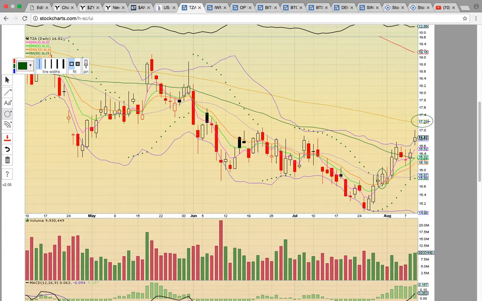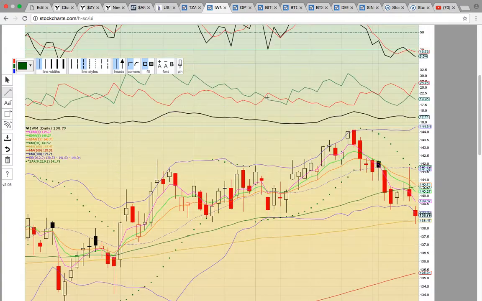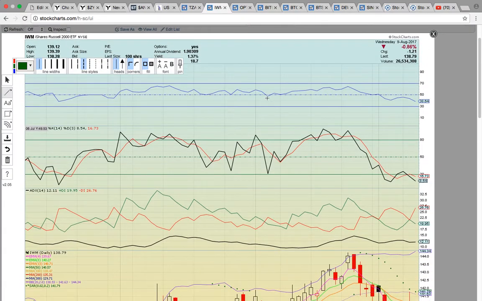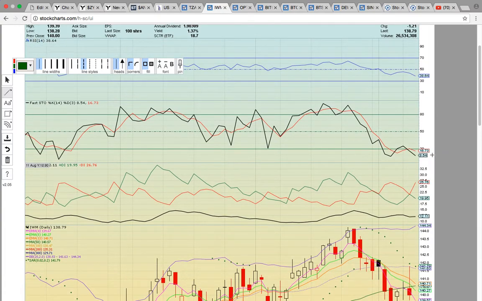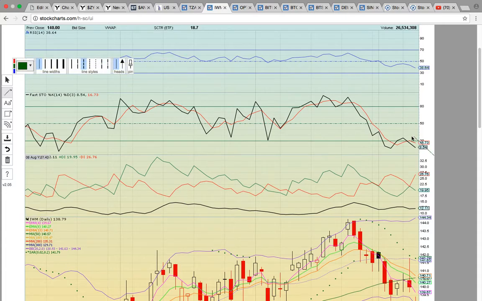Okay, so with TZA running and breaking out above the 50-day simple moving average, that is putting pressure on the small caps. If you look at the IWM, the Russell 2000, notice it was down almost 1% today. It is at extreme oversold levels now down here on Fasto, currently at 8.54.